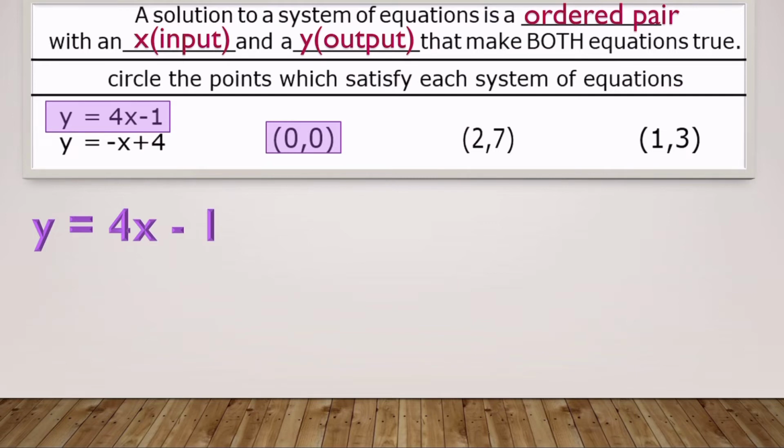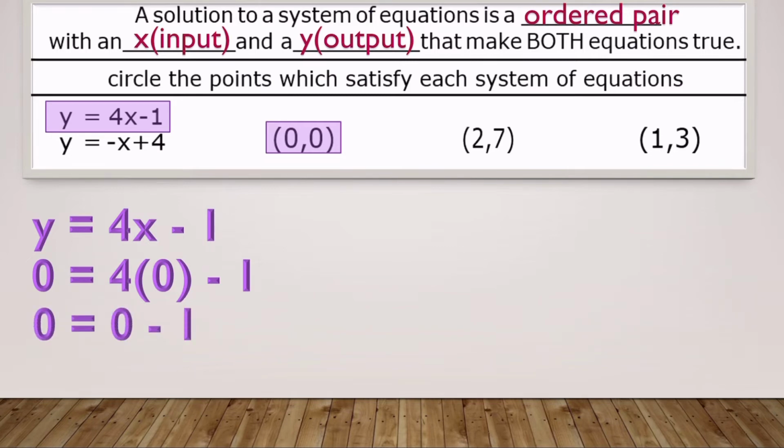Here's how we test it. I'm going to replace the x with its x value and the y with its y value. They both happen to be 0 here. Then I'm going to do the math. I didn't do anything on the left. All I'm doing is 4 times 0, which is 0. Well, 0 minus 1 is -1.